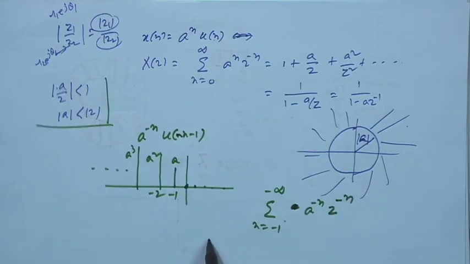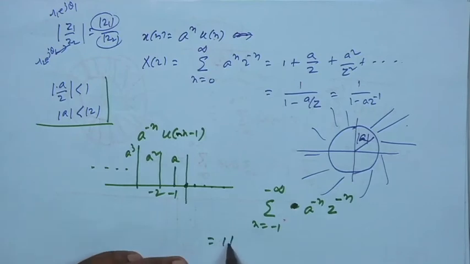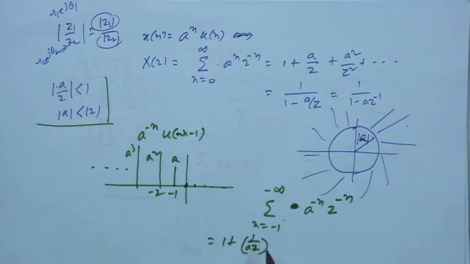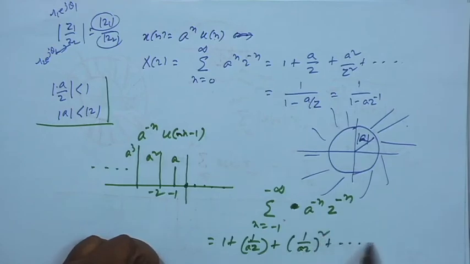And what will be the summation? It is like 1 plus 1 by a z plus 1 by a z square and so on.